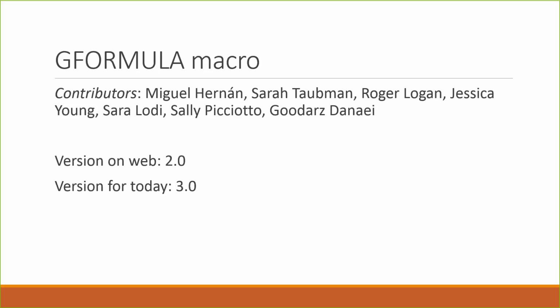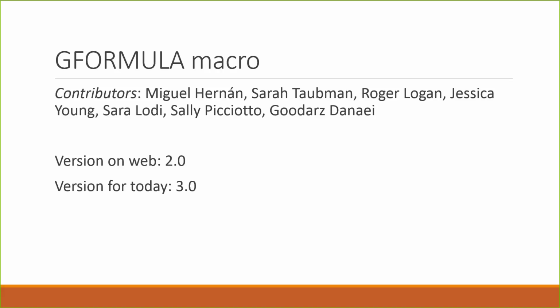Just to give a little background, this macro started out as a collaboration of researchers at the Harvard School of Public Health, largely for our own internal use, and over time we've added a lot of features to it, wrote up some documentation, shared it on the web, and made it available to the public for their own research.